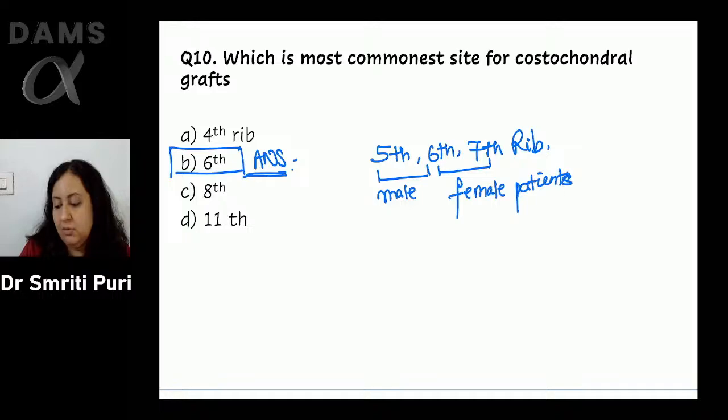Use the 6th and 7th rib in female patients to hide the scar in the inframammary crease. For males and females, we can use the 6th rib, both in males and females. That's why 6th rib is the answer. Have you understood, Deepa? Is it clear?